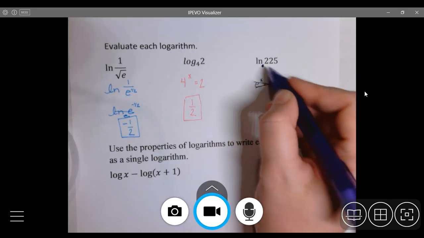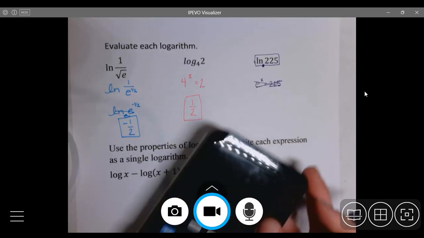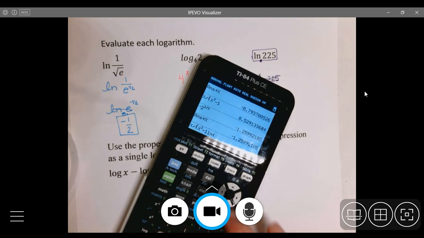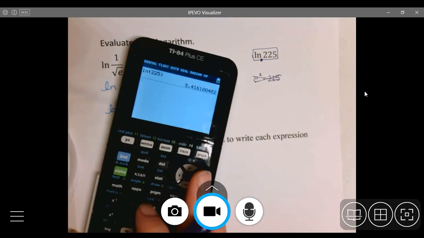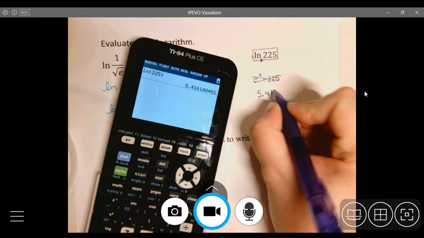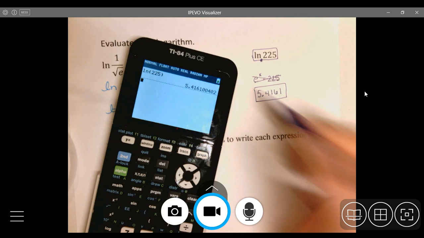We would actually just go through and type this straight into our calculator. So with our calculator here, we would just type in ln of 225. And we get this, and we're going to round to 4 decimal places. So this would be 5.4161. And that right there would be our answer.